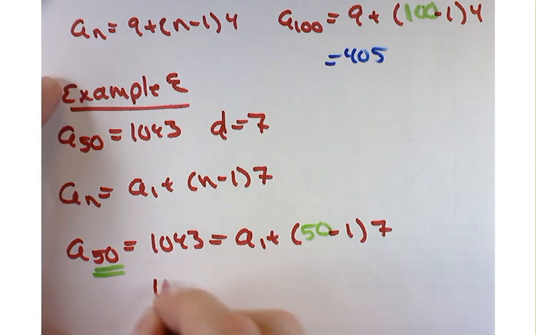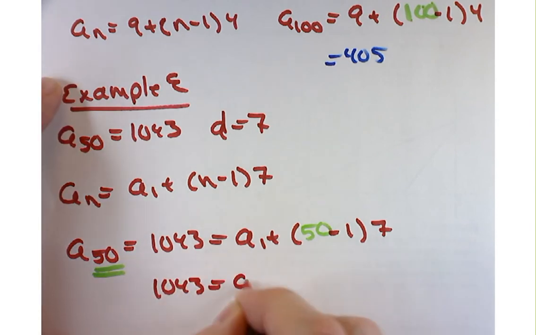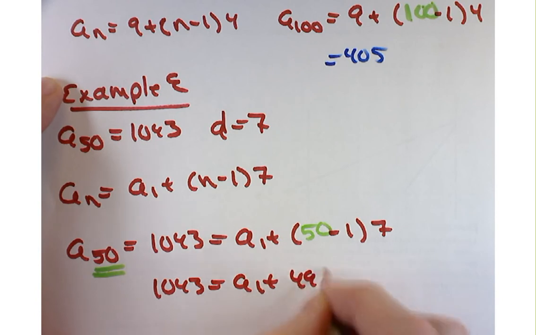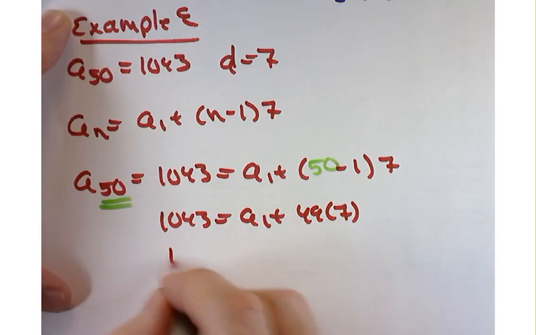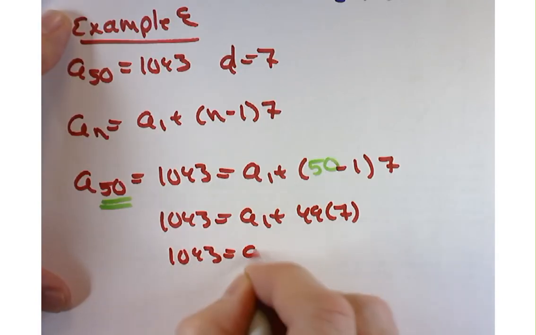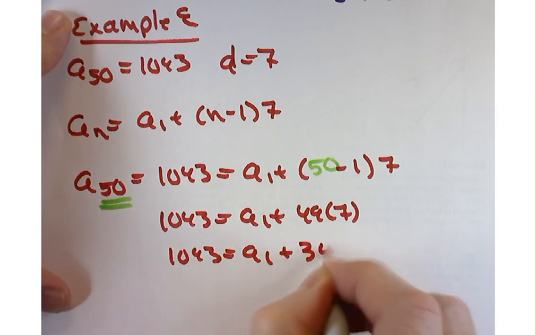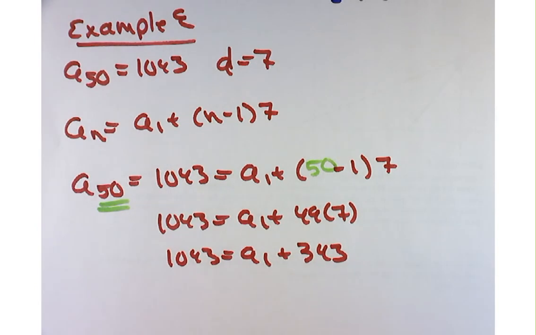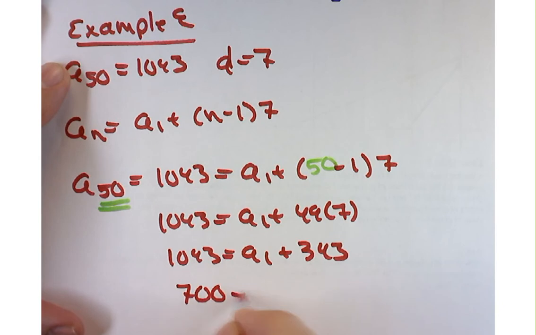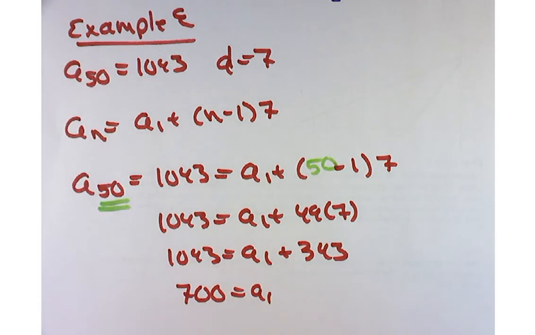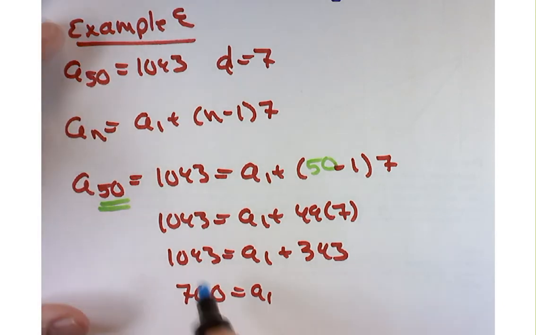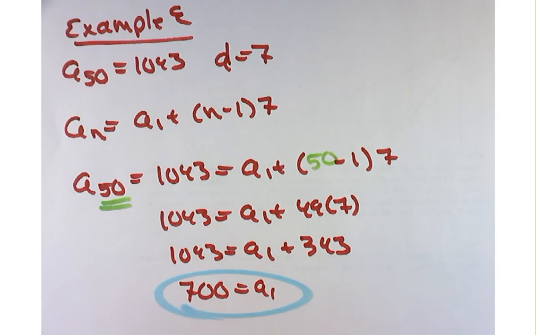Basically, 1043 equals a sub 1 plus 49 times 7. Now, I was never very good at math, so you can help verify this, but I believe that's 343. So what's a sub 1? 700. Yeah, 700 is a sub 1. Yay. Nice.